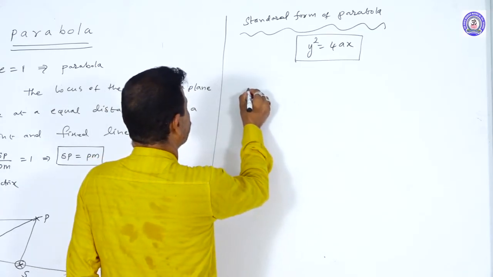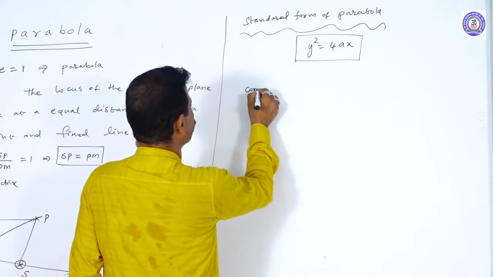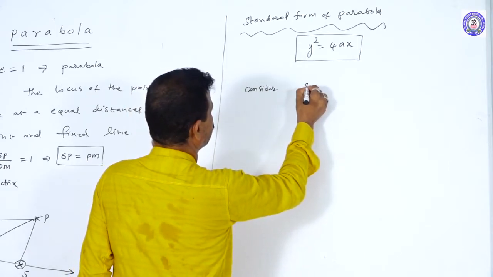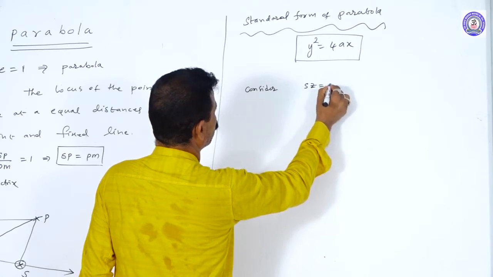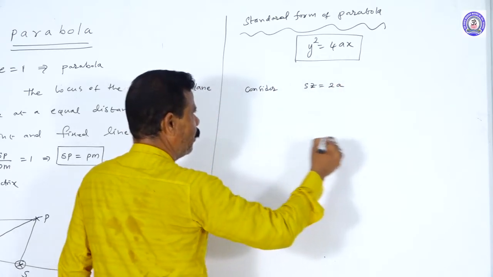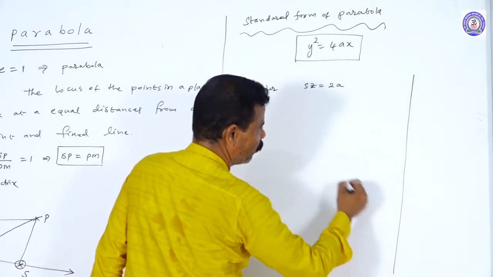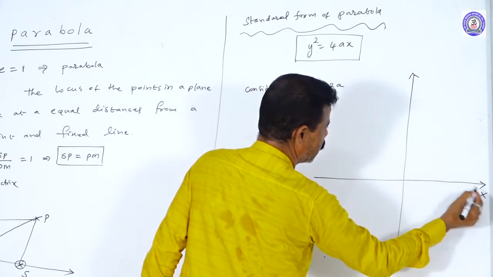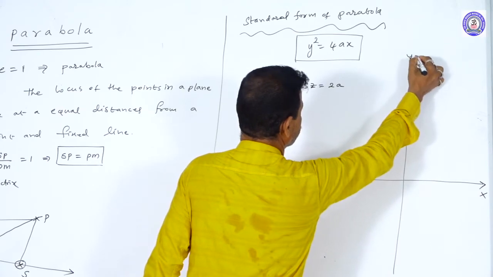Here consider SZ is equal to 2a. That means from the diagram, this is the x axis, this is the y axis.